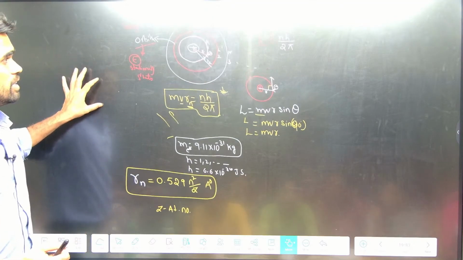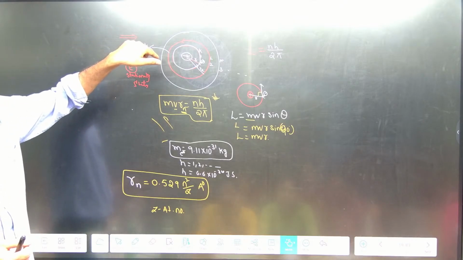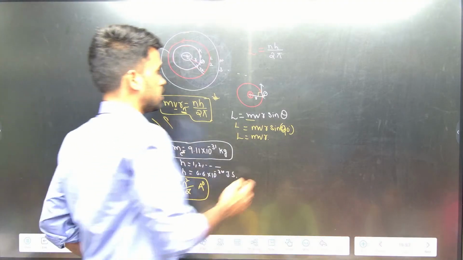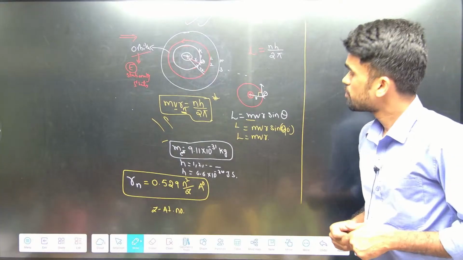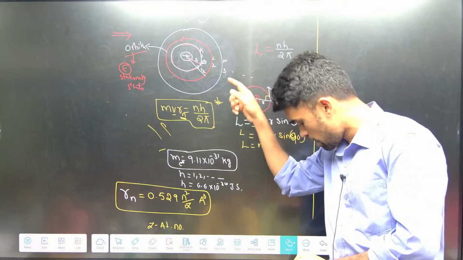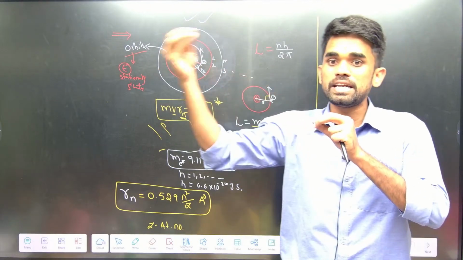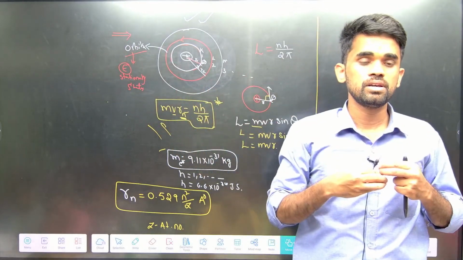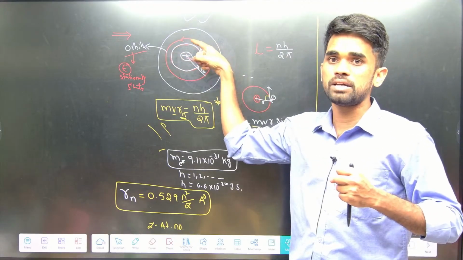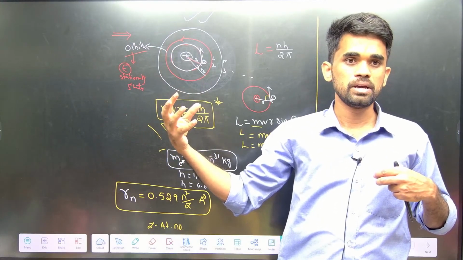Next, what are the postulates I told you? Electrons revolve around the nucleus in circular paths, so they have fixed energy, as we discussed. Next, he told that when an electron is revolving in these allowed circular paths, it will not emit energy and it will not absorb energy.